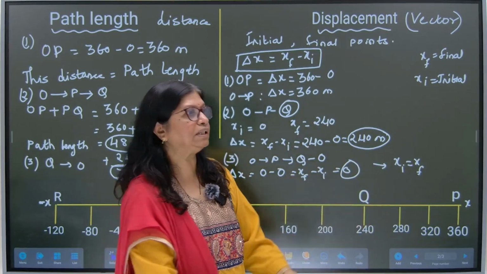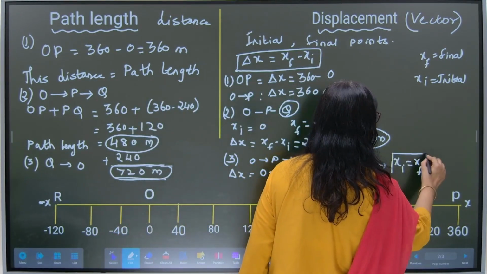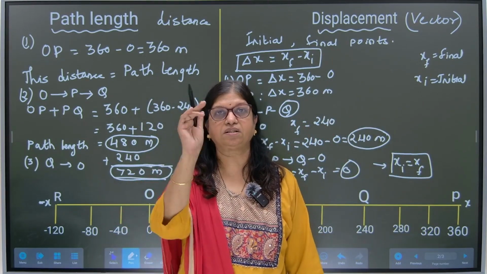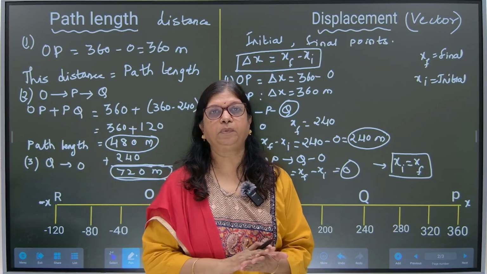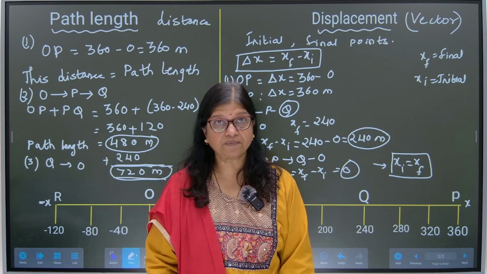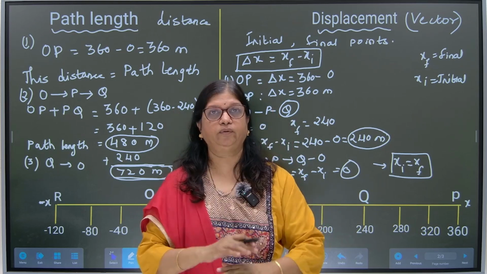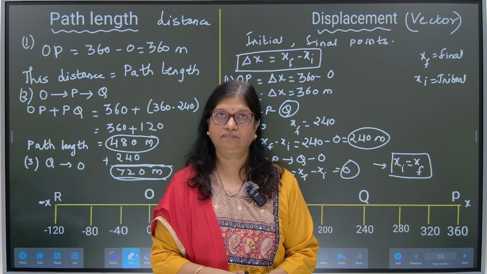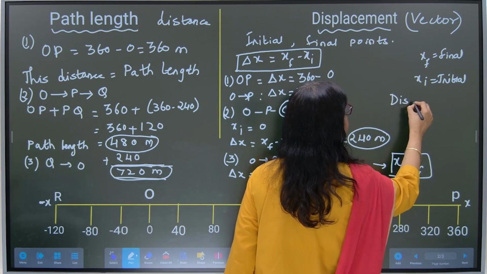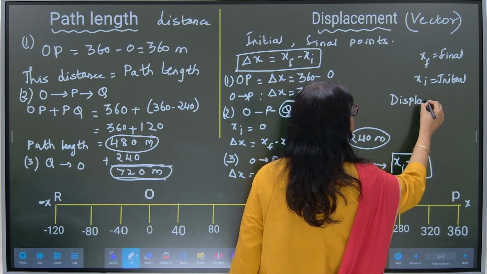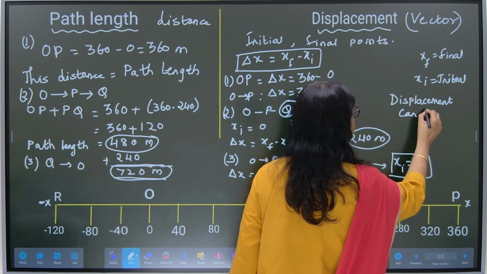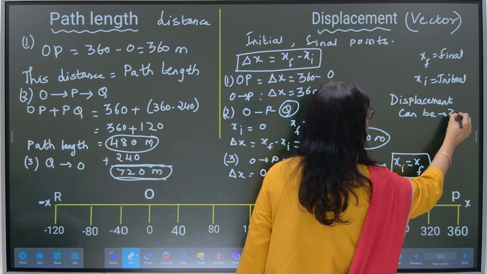So, remember this. If you are asked for displacement and if xi and xf are the same, then the displacement is 0. Agreed? So, displacement can be 0.